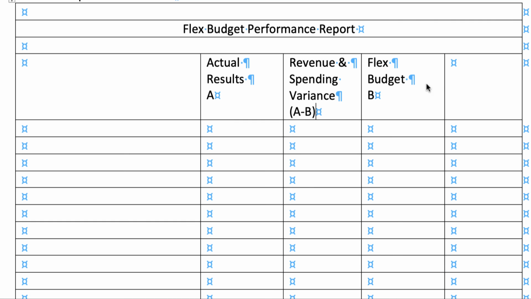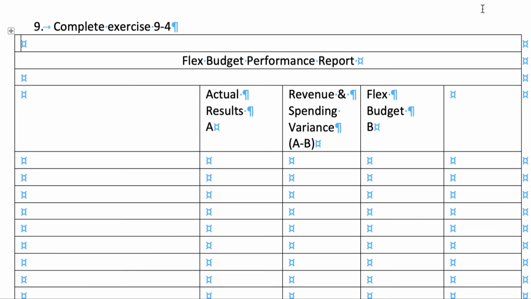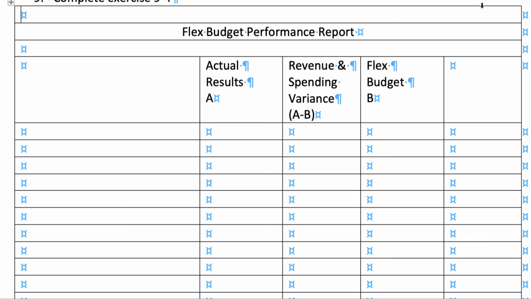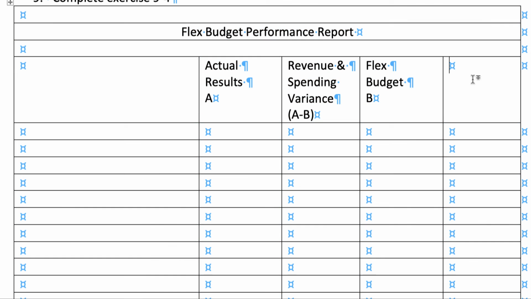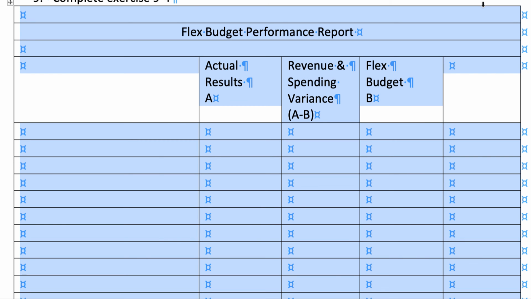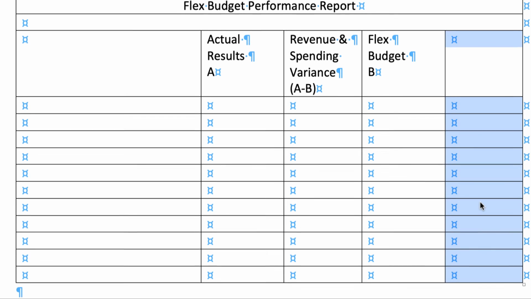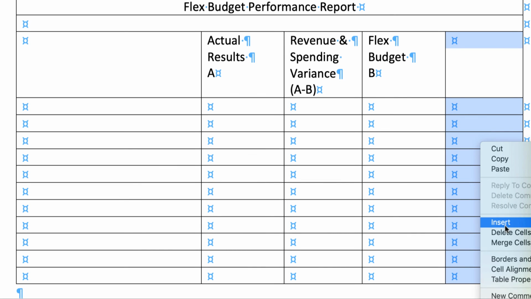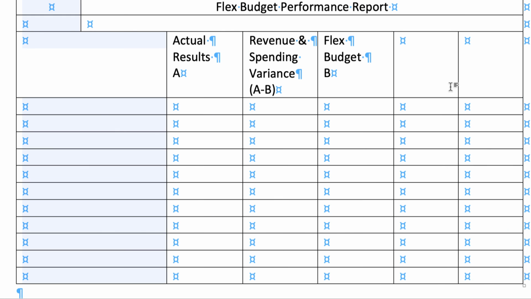Okay, pretty easy. Now, I apologize, I messed up here a little bit. We need to add a column here. Actually, if you just highlight this column and just insert to the left, that'll work out perfect for us.